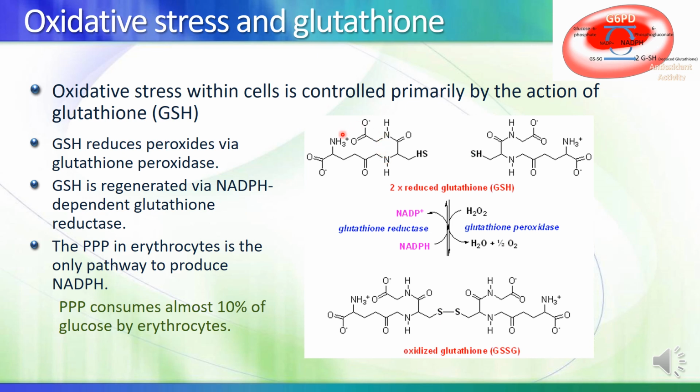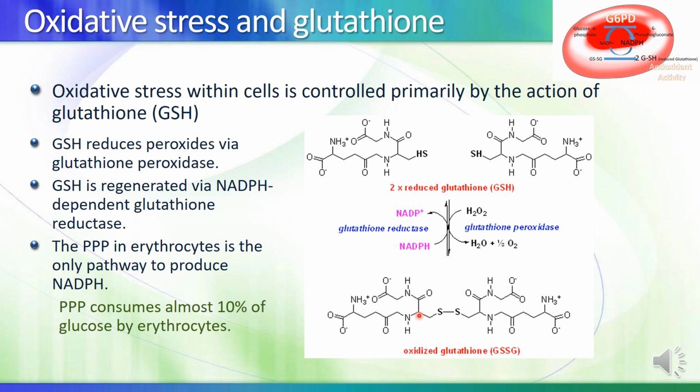Now, in the presence of hydrogen peroxide, what happens is that two glutathione molecules reduce hydrogen peroxide into oxygen and water, producing the oxidized glutathione molecule, where these two molecules are connected to each other by a disulfide bond.